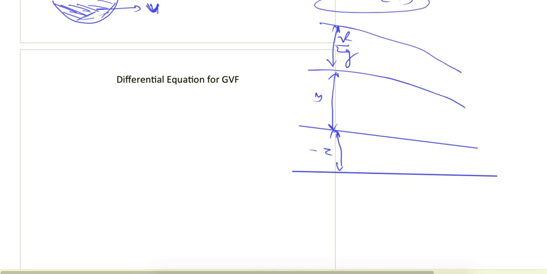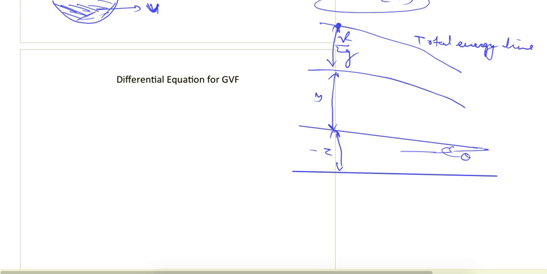So this is datum head, pressure head and velocity head. So this represents the total energy line, and from here this is, let's say, making some angle theta.